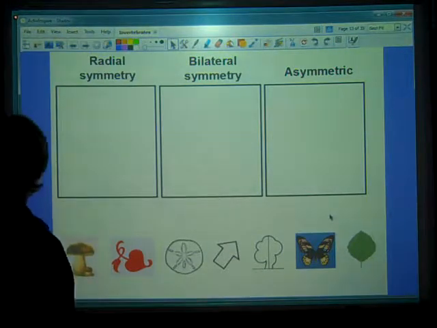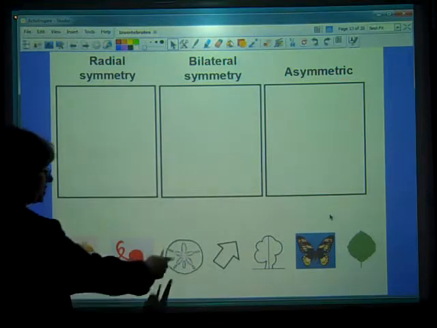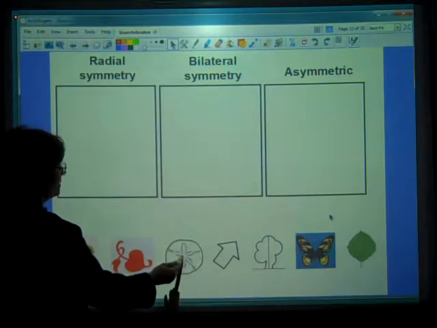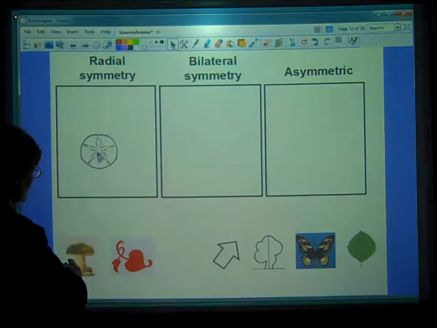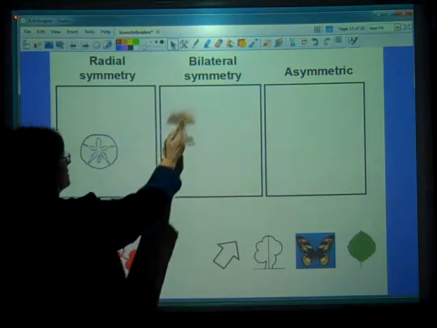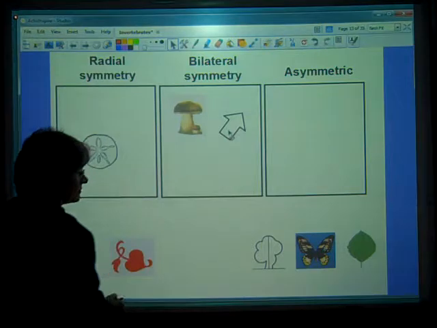Okay, if we were to see what we could do here, this looks like it radiates out from the center, so I would say radial symmetry. This looks like it would be about the same if I were to cut it in half, bilateral. This would definitely be bilateral symmetry.